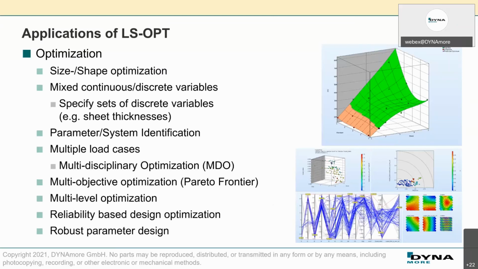So for discrete variables, we do not specify a certain range with a minimum and a maximum value, but we specify a set of discrete values, for example, for sheet thicknesses. If we know that the sheet can only be manufactured with a certain set of thicknesses, so only, let's say, 2 millimeters, 2.5 and 3 millimeters, then it doesn't help if we do a continuous optimization and the optimal result is 2.7 millimeters, because we know this cannot be manufactured.